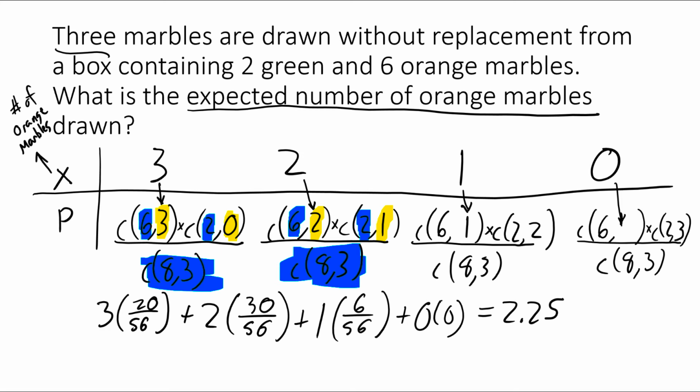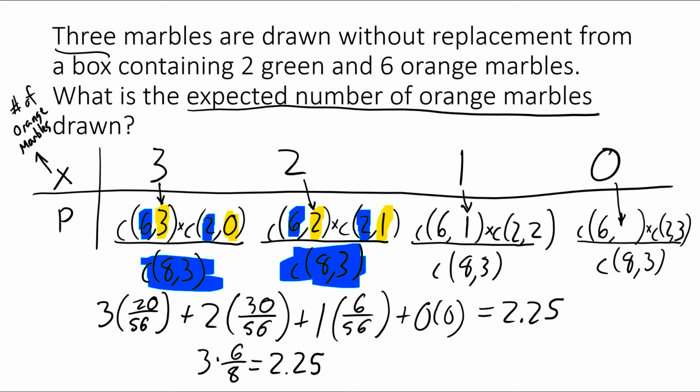So if we take the 3 marbles we're drawing and multiply that times 6/8, we get 2.25. So if we just multiply the number of things that are being selected times the probability of any one of those, then we get the expected value.